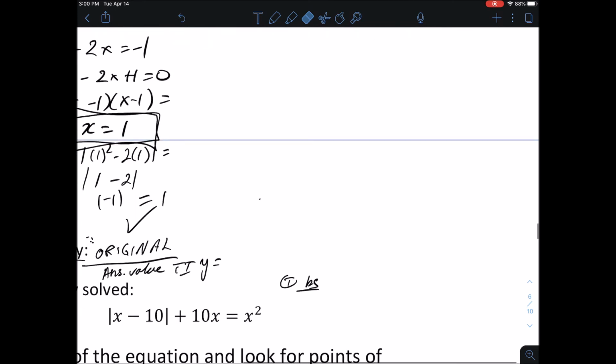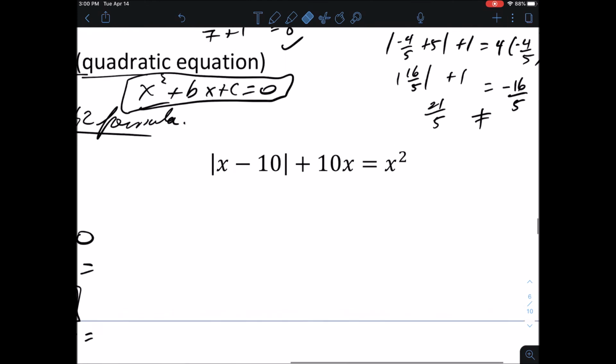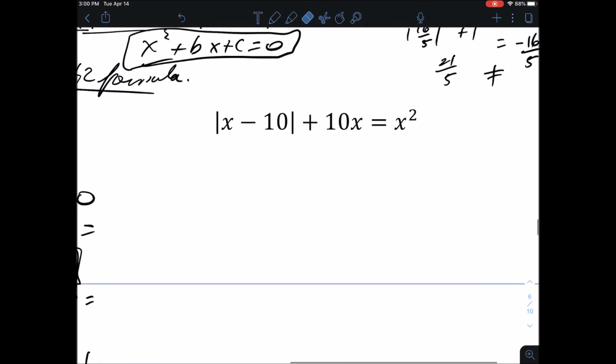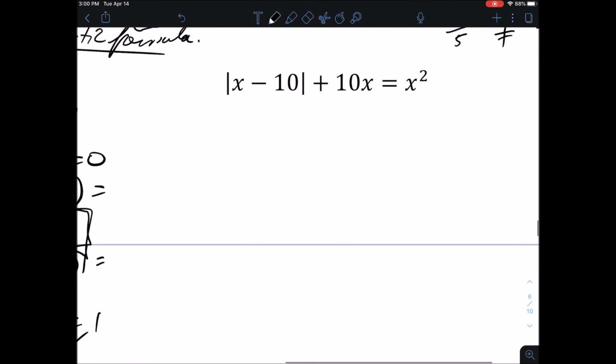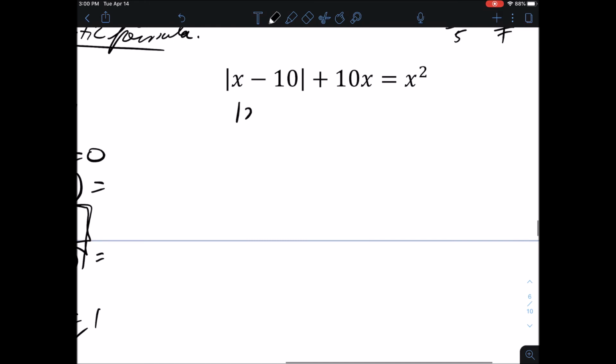So I'm going to clear up some room here so I have some room to work. Okay, this guy. So I'm going to isolate like that.